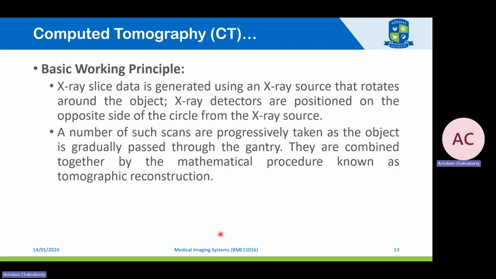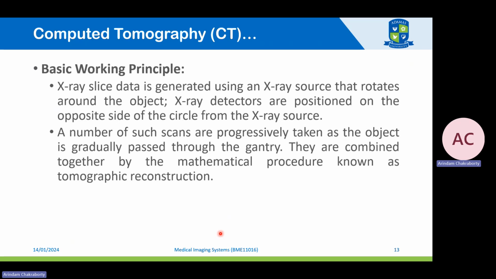The X-ray slice data are generated using an X-ray source that rotates around the object and takes cross-sectional images of the body part, and the detectors positioned on the opposite side record that image.